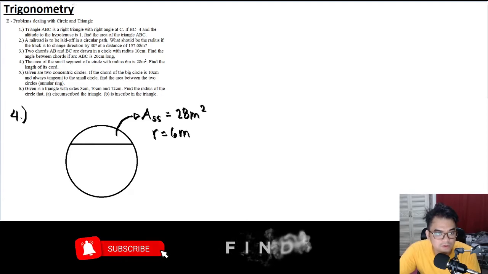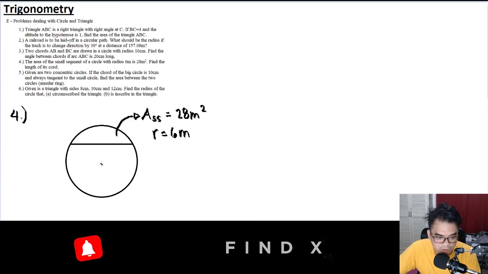So the chord is this one. Let's say that this is the center of the circle.